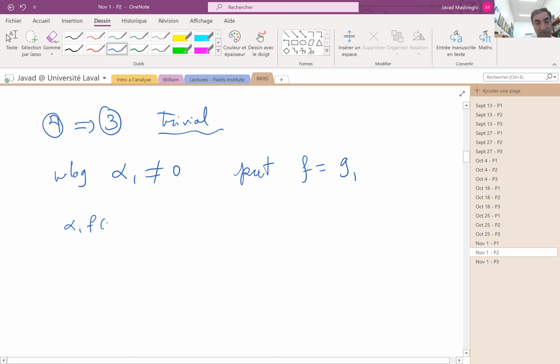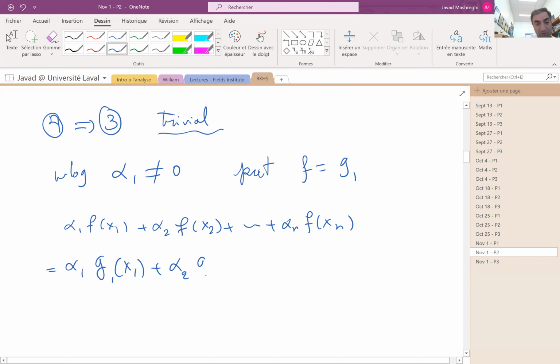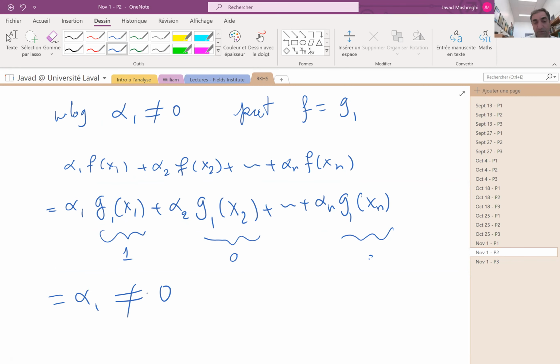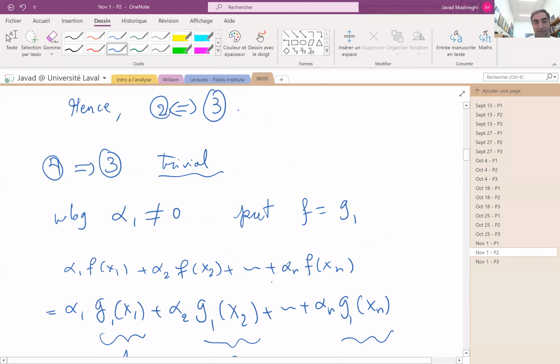We obtain alpha 1 f of x1 plus alpha 2 f of x2 up to alpha n f of xn equal to alpha 1 g1 of x1 plus alpha 2 g1 at point x2 and so on, and the g's are chosen such that this is equal to 0, except when the two indices coincide, where it is equal to 1, and this is alpha 1, not equal to 0. So we have a function, a candidate, such that the combination is not equal to 0, and so we have 3. So 4 implies 3.